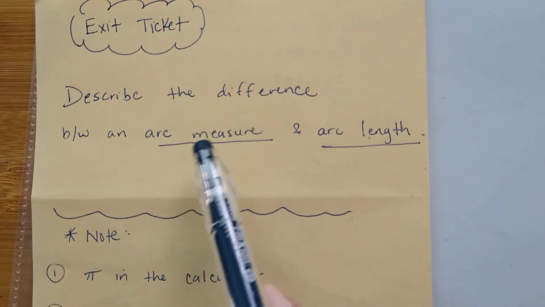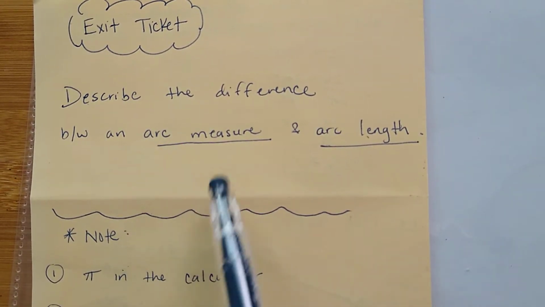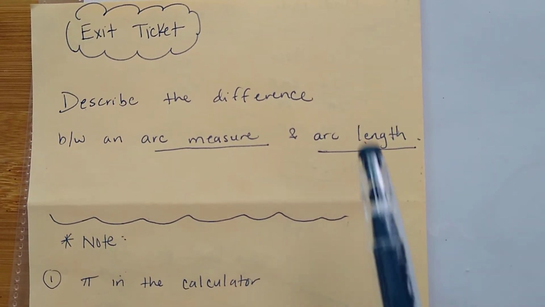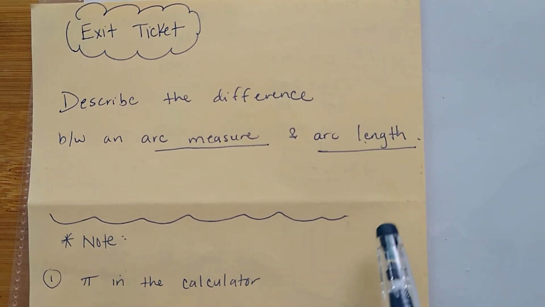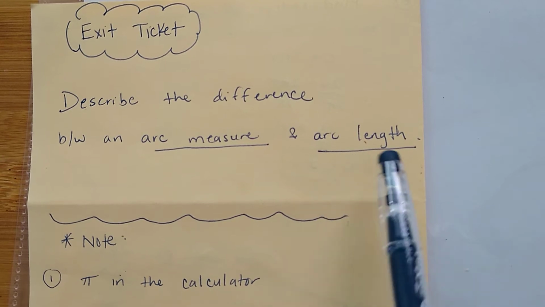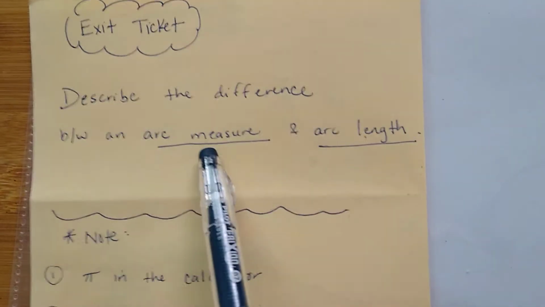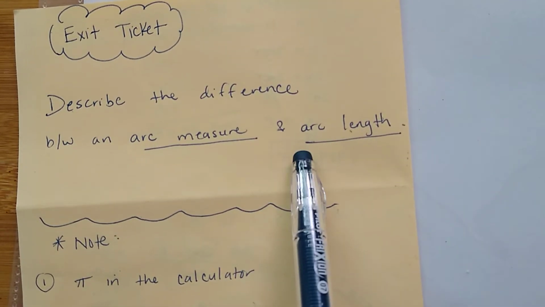If you think about an arc measure in a circle, it's like an arc, right? Whereas an arc length, imagine it being stretched out by a piece of yarn or string, and it's going to be a straight line that gives you the measurement for that particular arc. Again, it does involve the arc measure, but they are two different things.